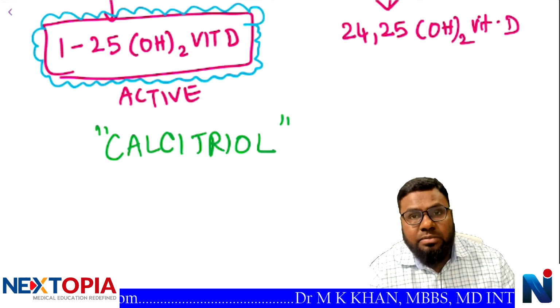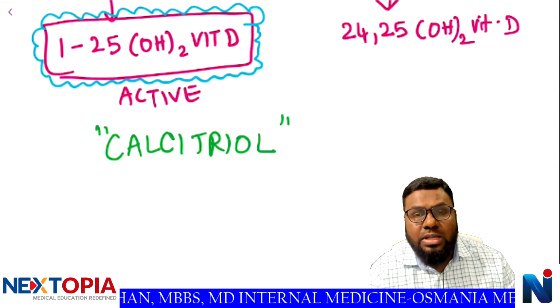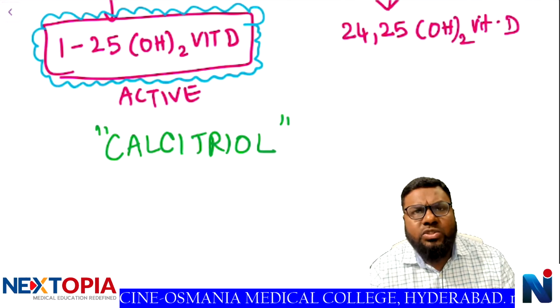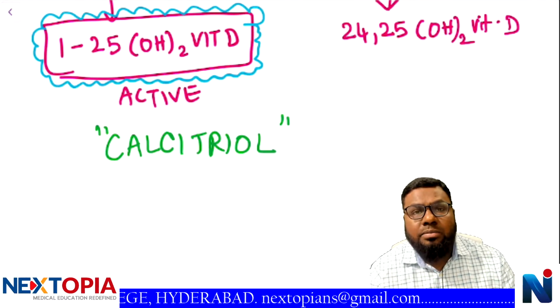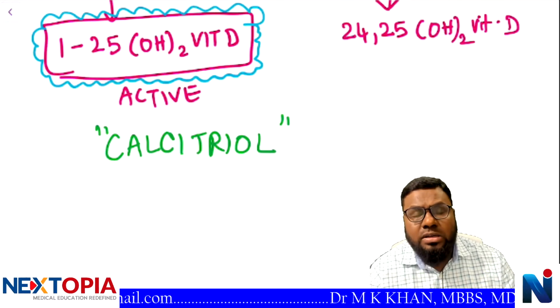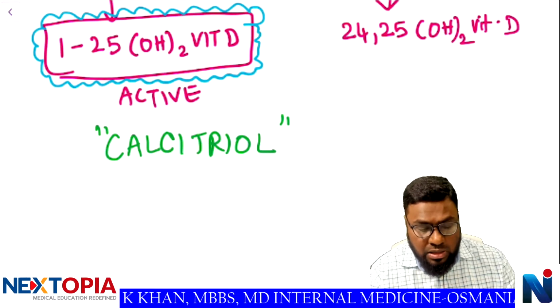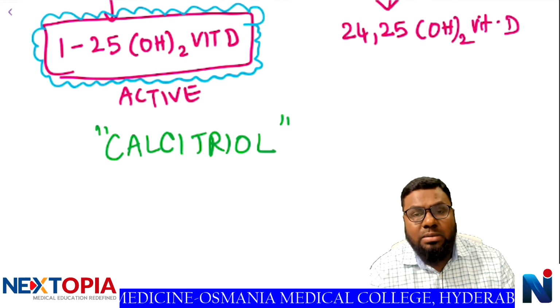Now this mechanism you'll always have to remember in order. First skin or gut, then to the liver, then to the kidney. The highest in concentration in circulation, if they ask you, is 25-hydroxy vitamin D. But the active form, if they ask you, is 1,25-dihydroxy vitamin D.